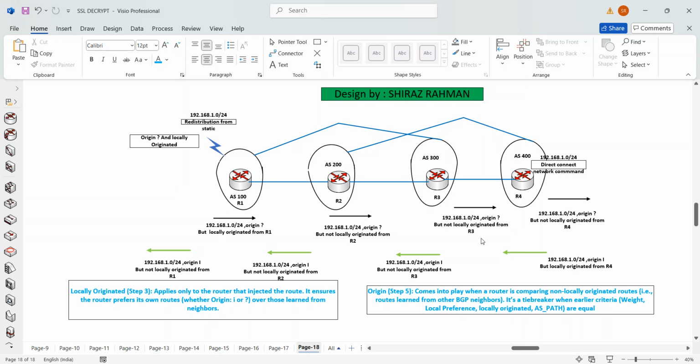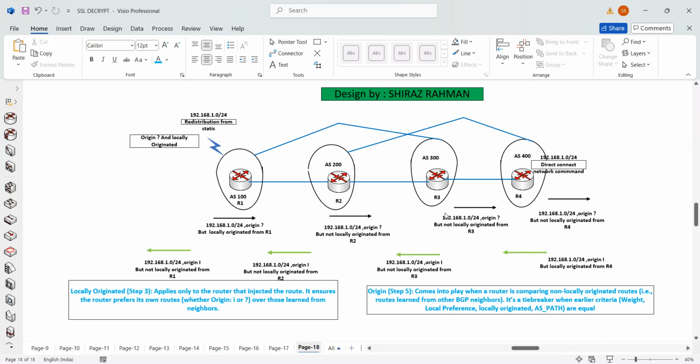The same goes for 192.168.1.0/24 on R3: is it originated from R3? No, it's a redistributed route, so we have a question mark over here. The origin is not going to change. So what changes from R1 to R2 to R3 to R4?